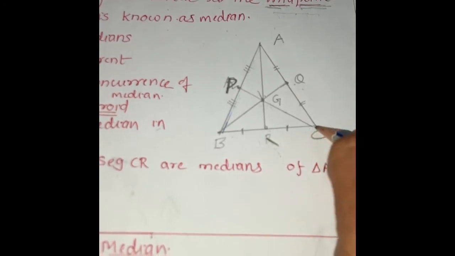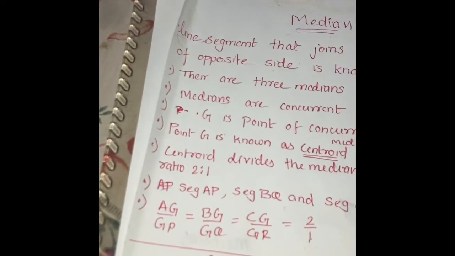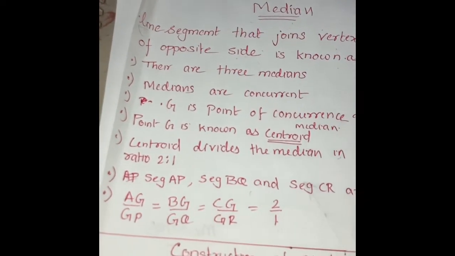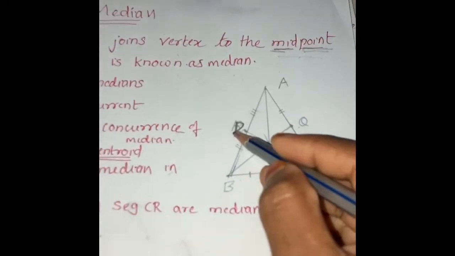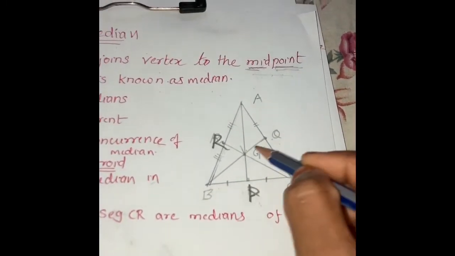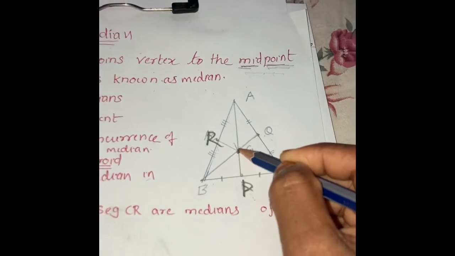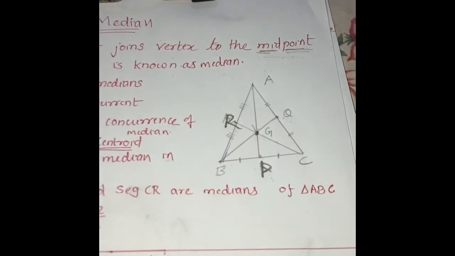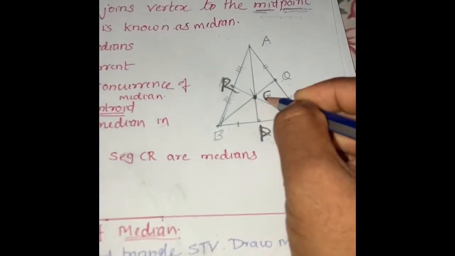The three medians for this triangle are segment AP, segment CR and segment BQ, and point G is the centroid of the triangle. This is the point G, capital letter G.